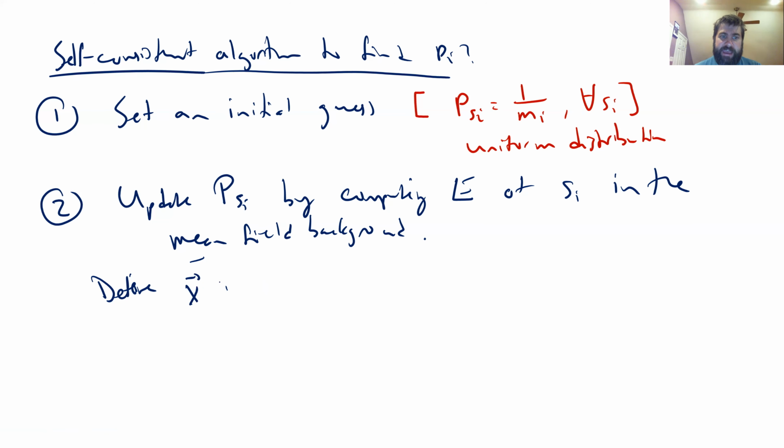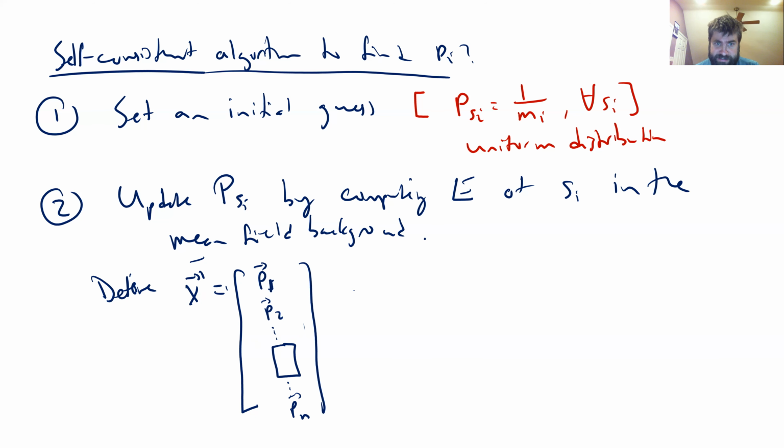Let's define X prime to be a vector that is exactly as we said, our vector P1, our vector P2, up to some point. So all of these are going to be exactly the same. Remember, our X vector that we discussed before was just this P1, P2, Pi, Pn.